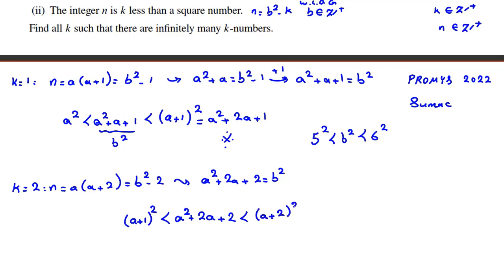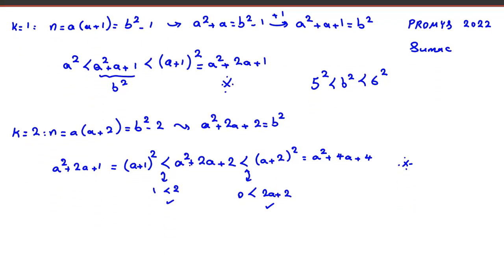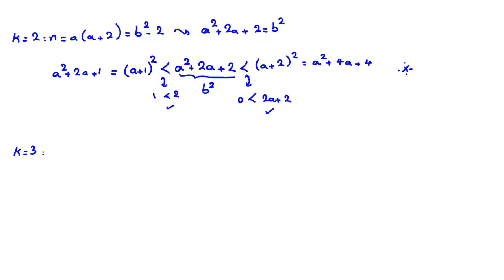Let's see why. a plus 1 squared is a squared plus 2a plus 1, and it is equivalent to 1 less than 2, which is correct. And this one is a squared plus 4a plus 4, and if you simplify, 0 is less than 2a plus 2. Because a is a positive integer, this is also correct. Again, here is a contradiction, because this should be a perfect square b squared, but it cannot be between two consecutive perfect squares. So let's check k equals 3 in the next step.